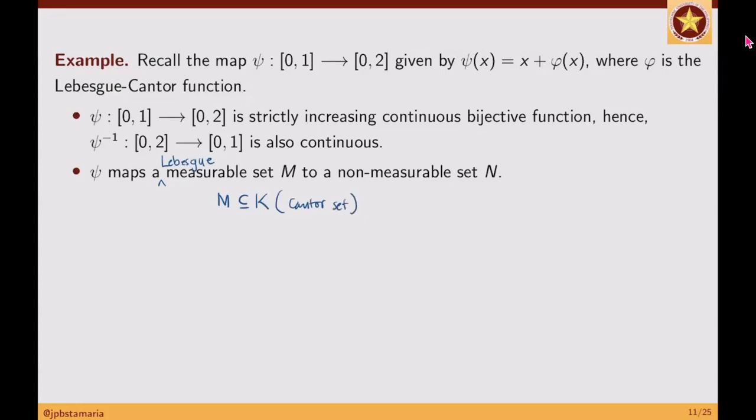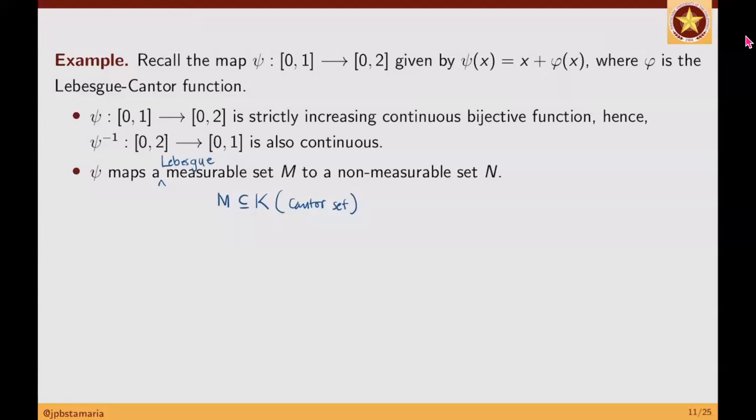Naging measurable yung M kasi yung M na na-produce natin from previous lecture is found as a subset of the Cantor set. Ang Cantor set measures 0, kaya lahat ng subset niya, Lebesgue measure 0. Under the Lebesgue measure, ang lahat ng sets na ang measure ay 0 ay Lebesgue measurable.